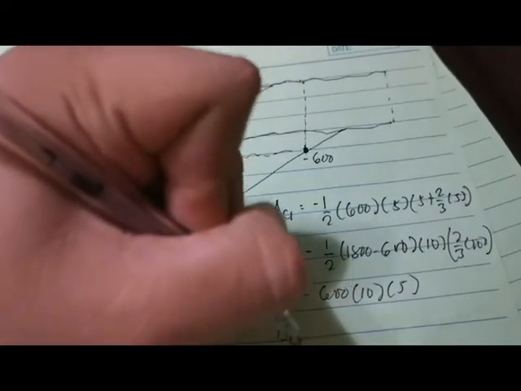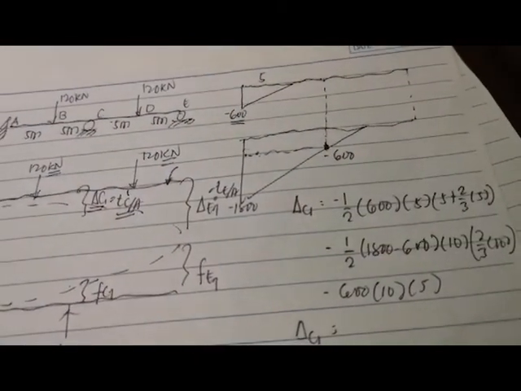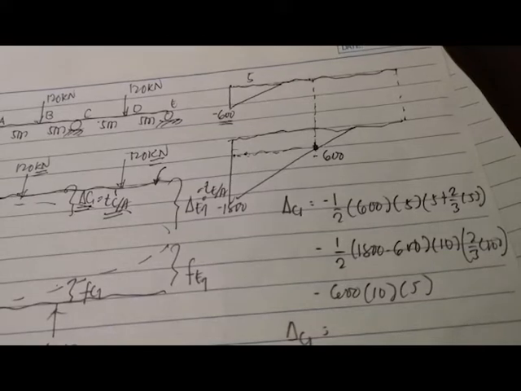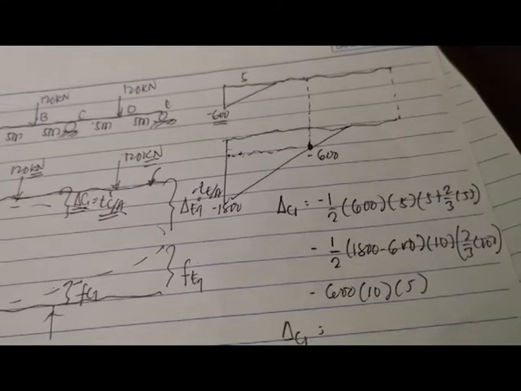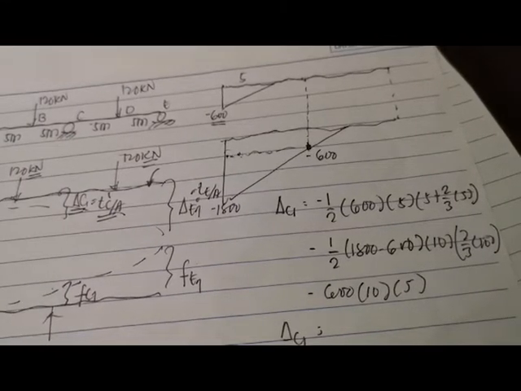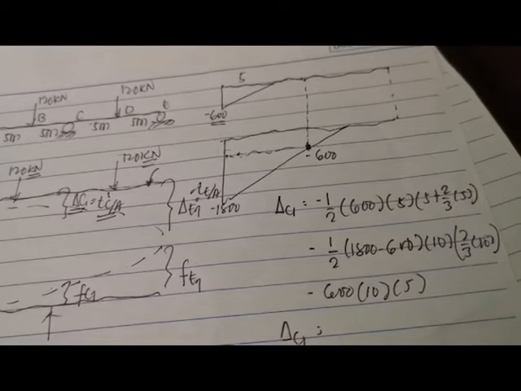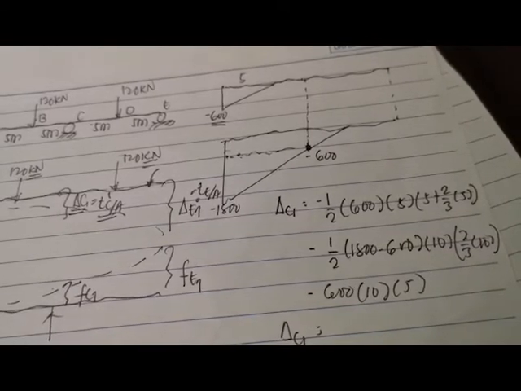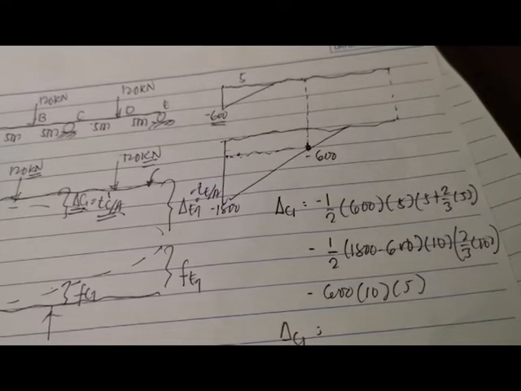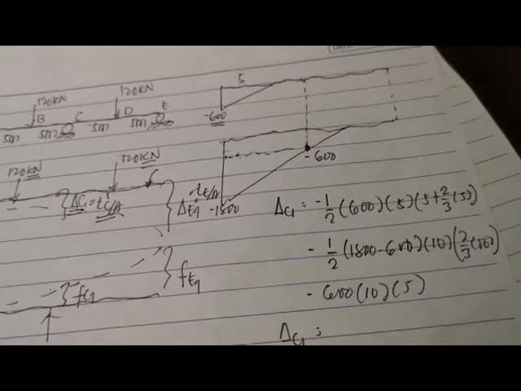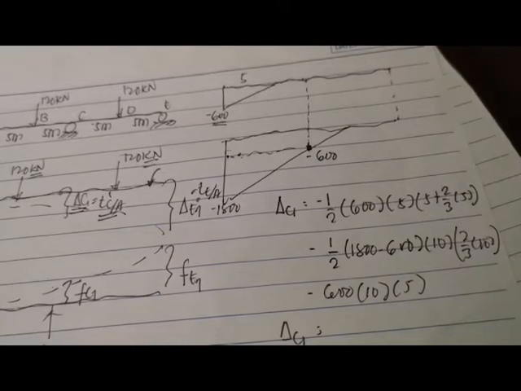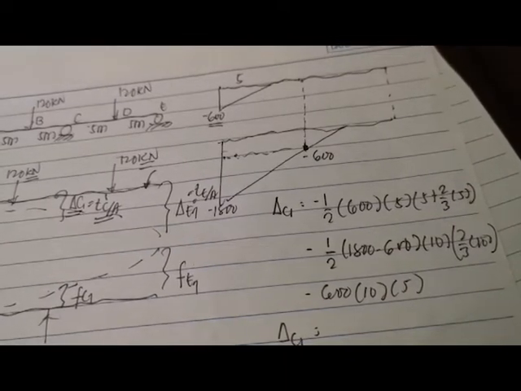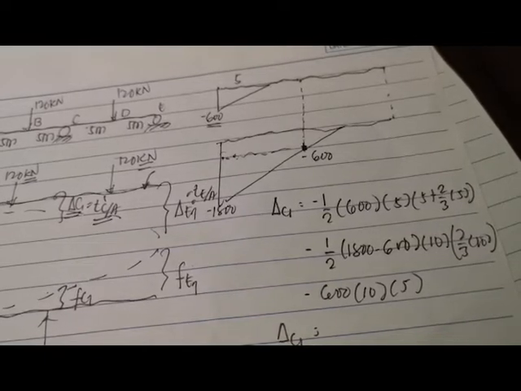Your delta C1 now will become negative 1/2 times 600 times 5 times 5 plus 2/3 of 5, so minus 1/2 times 1800 minus 600 times 10 times 2/3 of 10, minus 600 times 10 times 5.